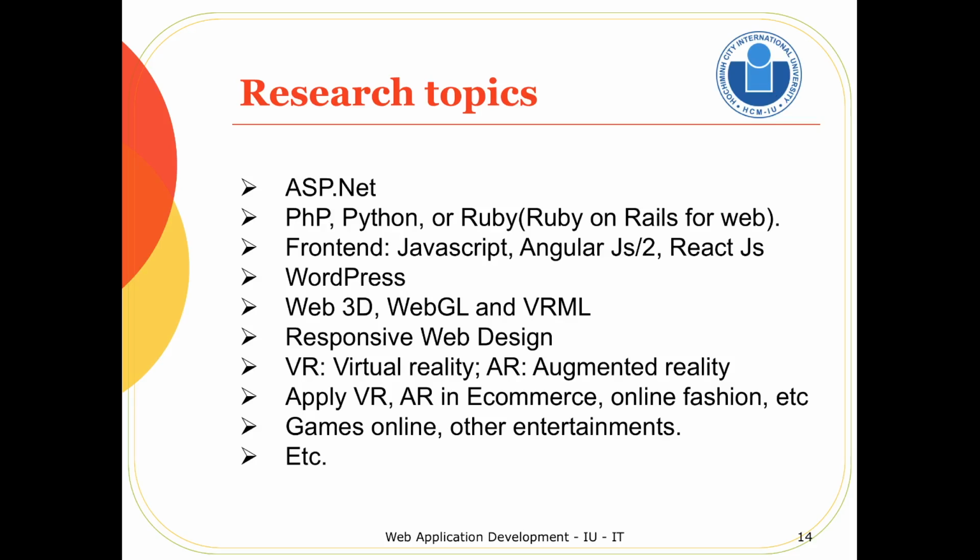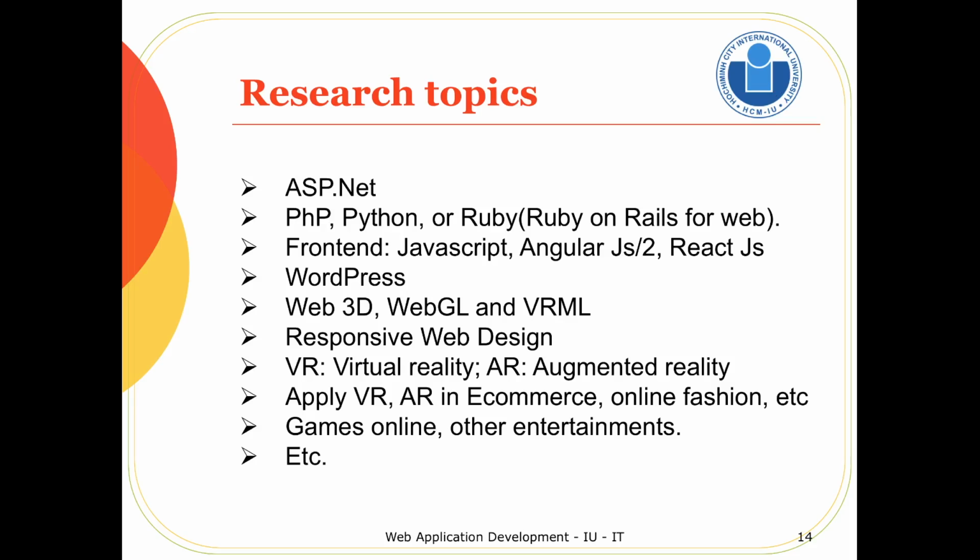Web 2D, Web 3D and VRML. All of them are graphical models for the web page. For example, if you want to simulate some graphics on the web page, you must study these tools and techniques. VRML is the acronym of Virtual Reality Markup Language. And responsive web design is a technique.